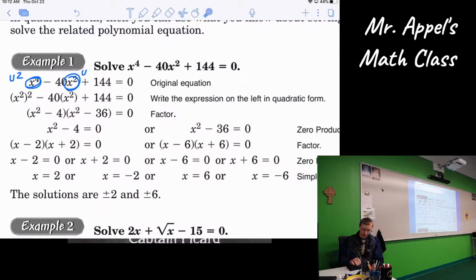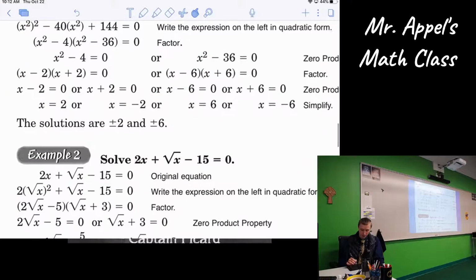Okay. And same thing with the square root. This is half of the 1 power, so we're actually going to make that be our u, and this becomes u squared, so single x becomes u squared. They are rewriting what u is equal to in parentheses for these examples.